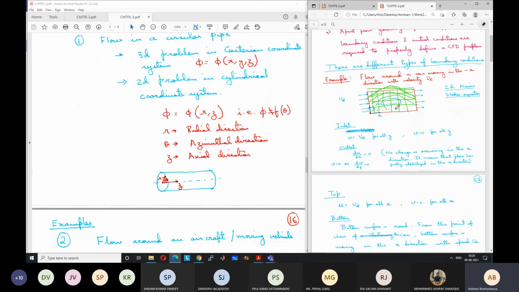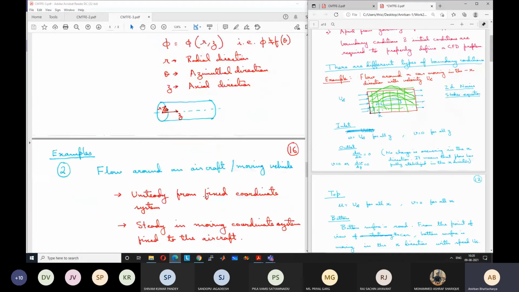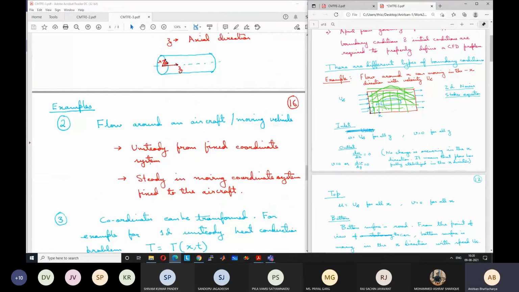Okay, so by changing the coordinate system from a fixed coordinate system, for flow around an aircraft, it is an unsteady problem for a fixed coordinate system, but it becomes a steady problem in a moving coordinate system fixed to the aircraft. Okay, so this is like cleverly changing the coordinate system in the equations.